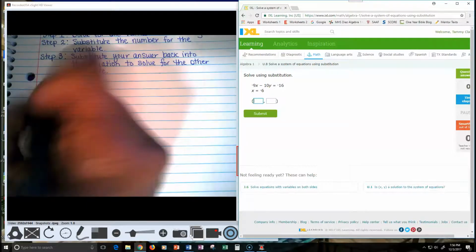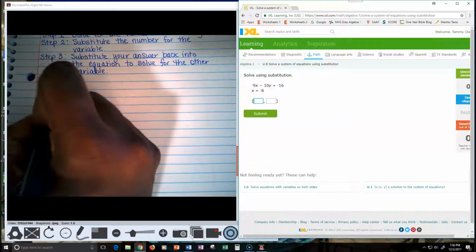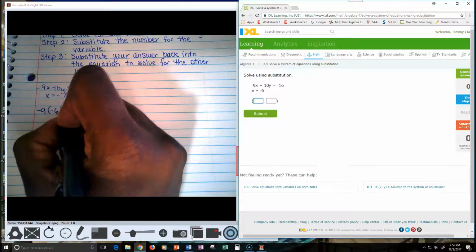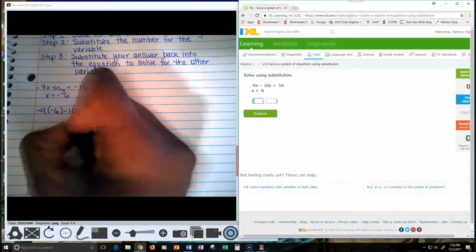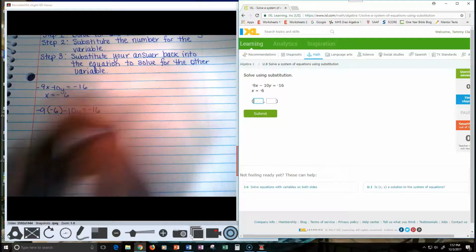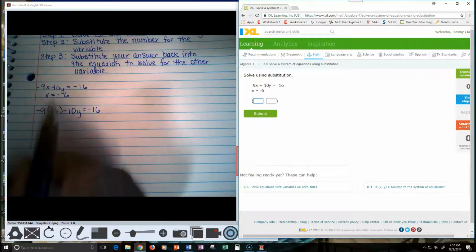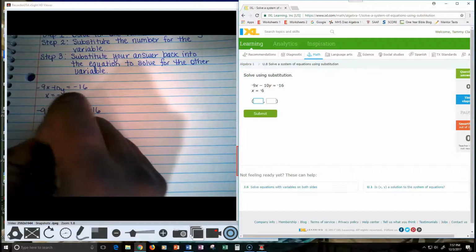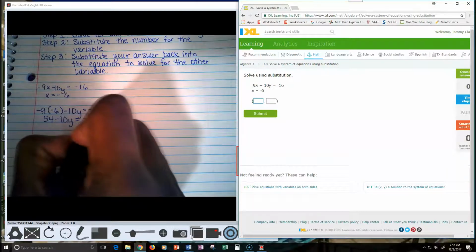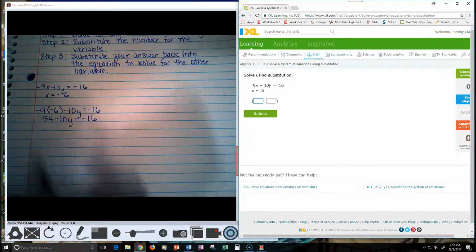So I would say, okay, negative 9 multiplied by negative 6 minus 10y, because I don't know what y is yet, equals negative 16. So negative 9 multiplied by negative 6 is positive 54, minus 10y is equal to negative 16, and we just go back to solving equations.